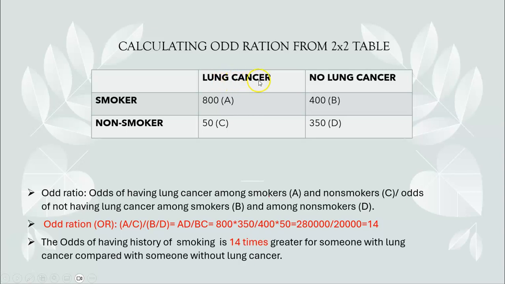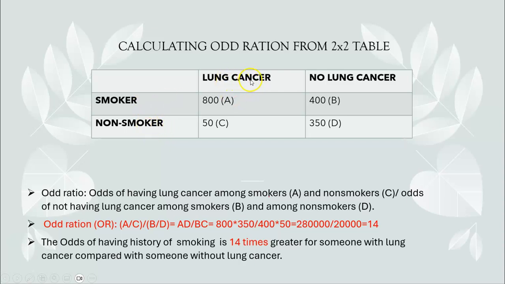Then we retrospectively investigate the relationship with the risk factor, smoking. So how many people who are suffering lung cancer have smoking history and how many people who are not suffering lung cancer have smoking history.